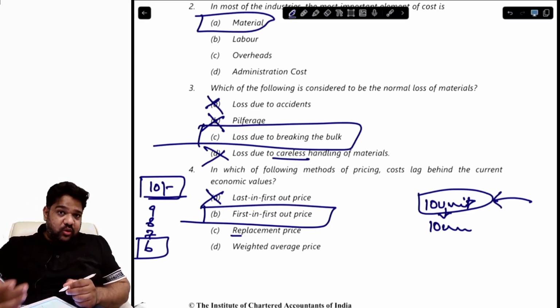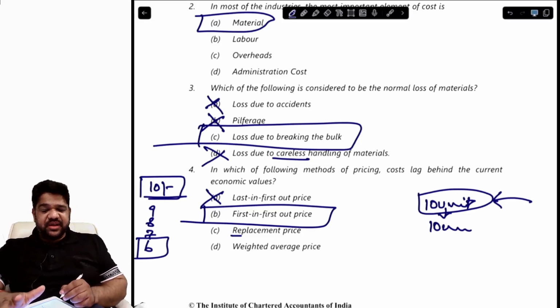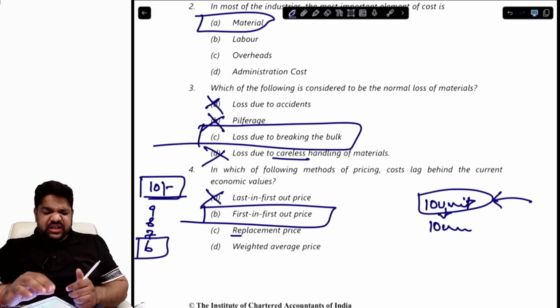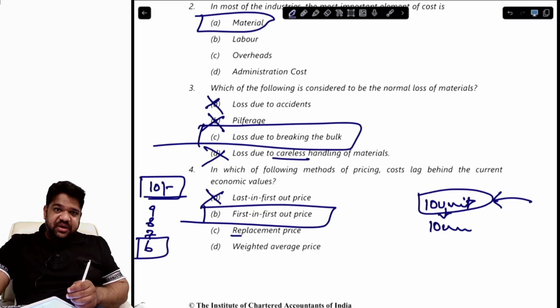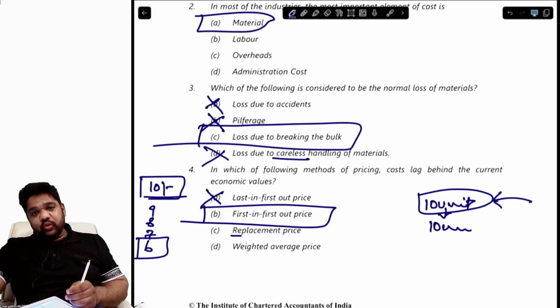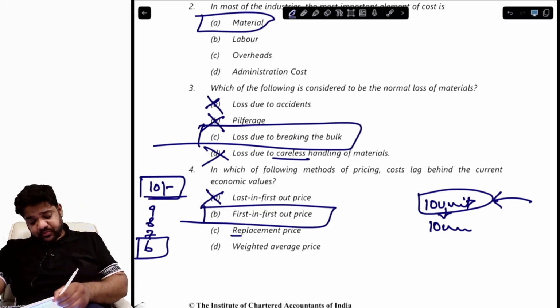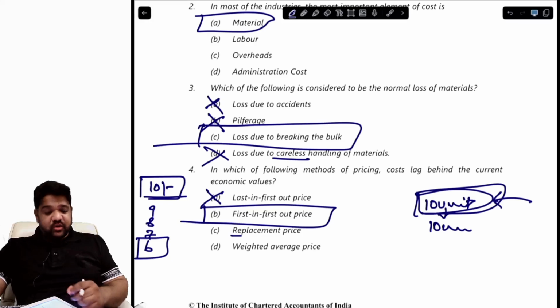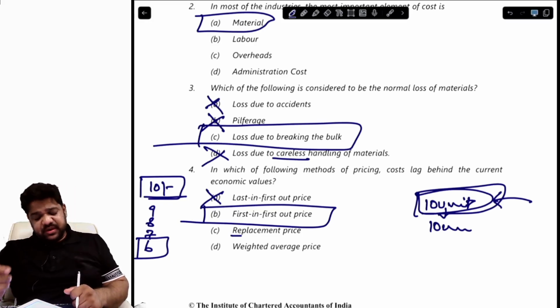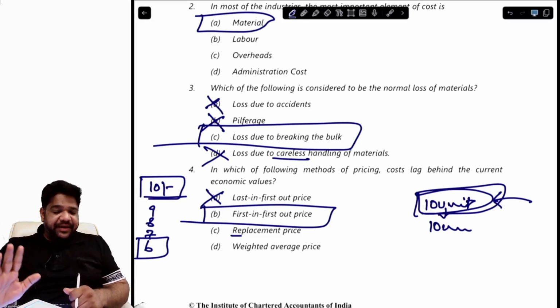So what you are going to replace them with, at what price, becomes the replacement price. To a large extent, it is very, very close to the current market price. See, because if you have to replace the material, you'll have to buy them new, and buying them new would mean it is as good as the current market price. Okay, so that is what replacement price is. But again, it will not lag behind.